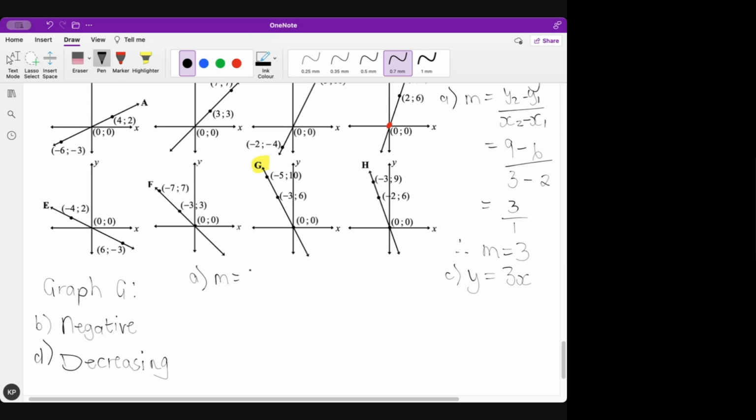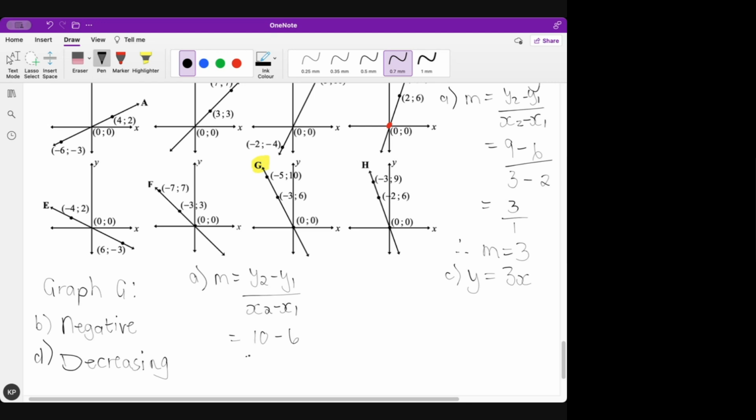M is equal to y2 minus y1 over x2 minus x1. What are we choosing to be our y2 in this case? 10. Okay, 10 minus, what is my y1?